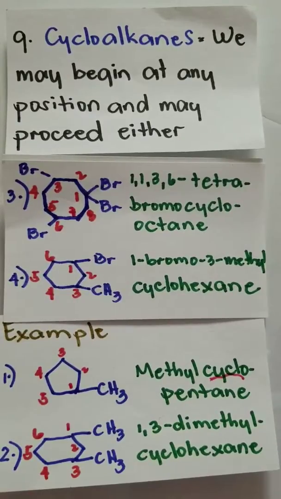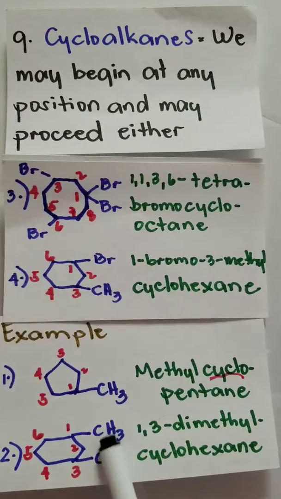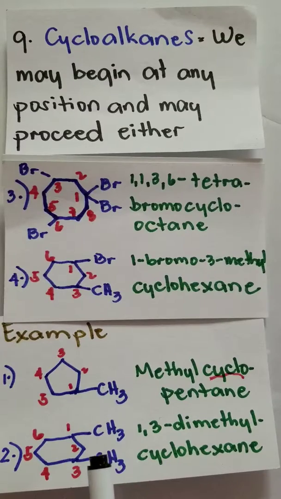So if you're going to choose, you have to choose a side wherein it has a lot of branches attached to that side. Now in this case, you have two groups attached to this side. Therefore, your first carbon atom is either this side or this side.